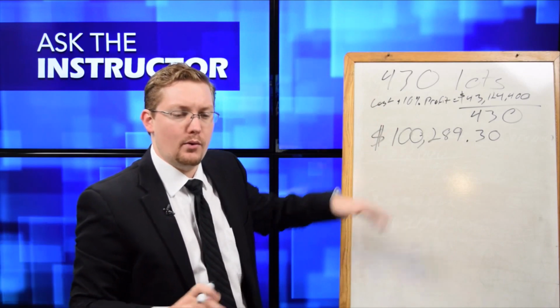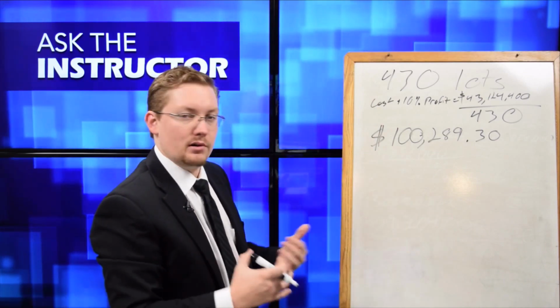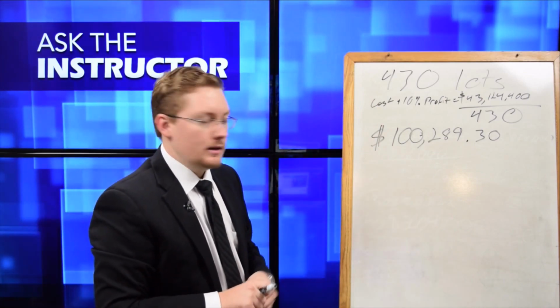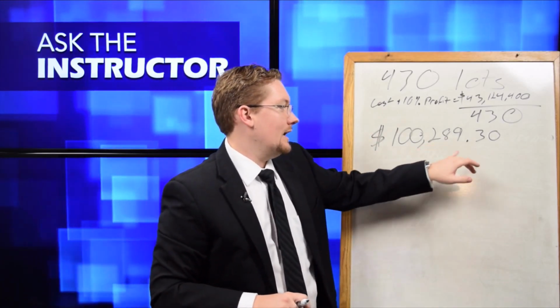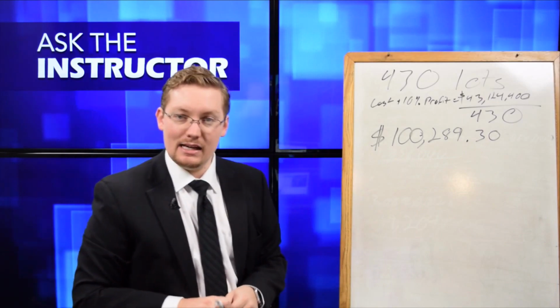Remember, we couldn't round before because we were dealing with number of lots to comply with the zoning. So when this is all said and done, we have $100,289.30 that we need to sell each lot for.